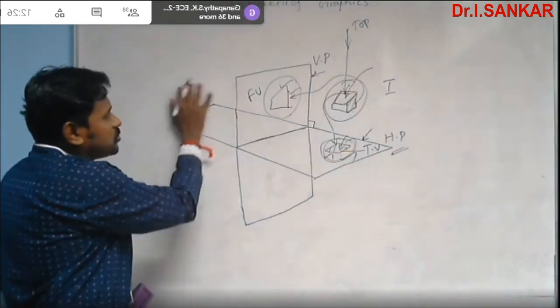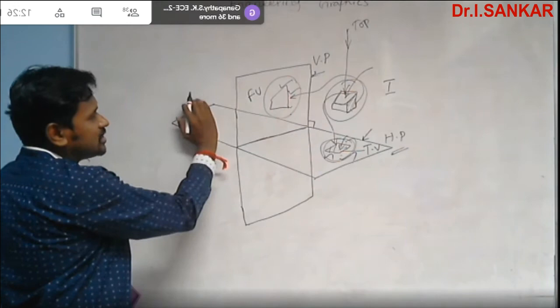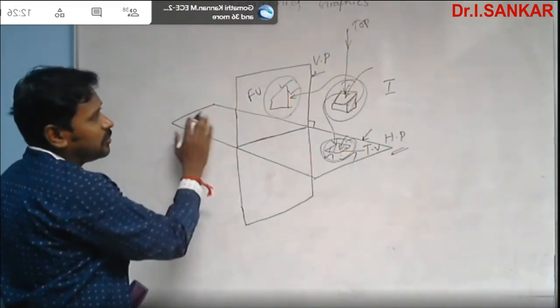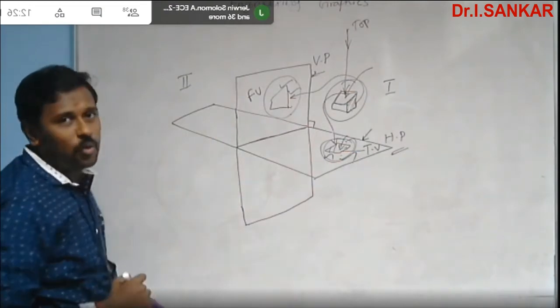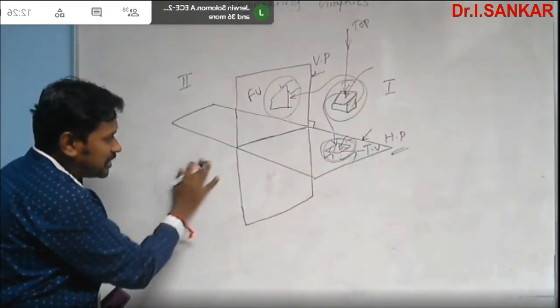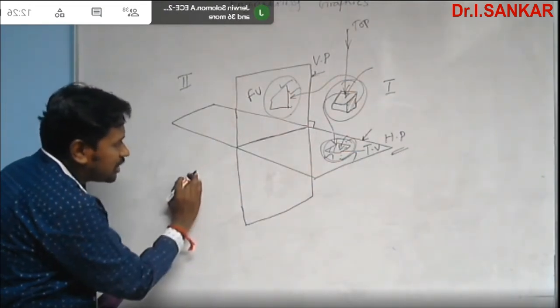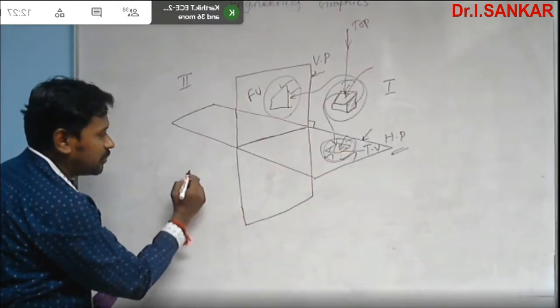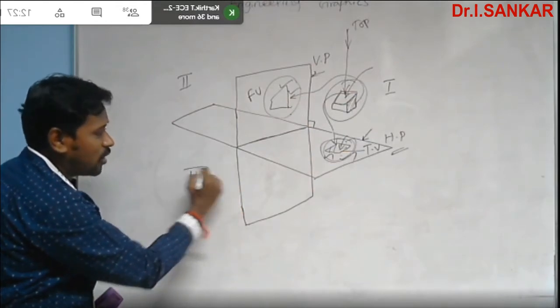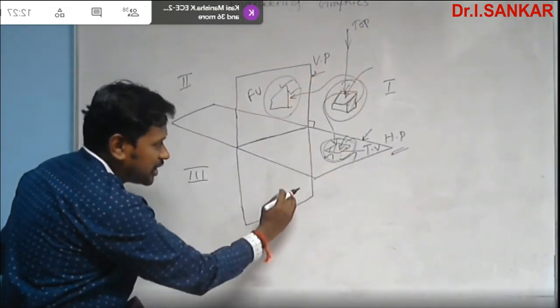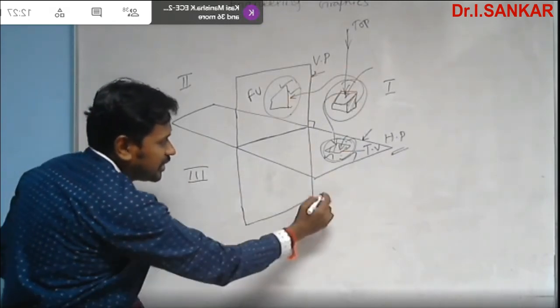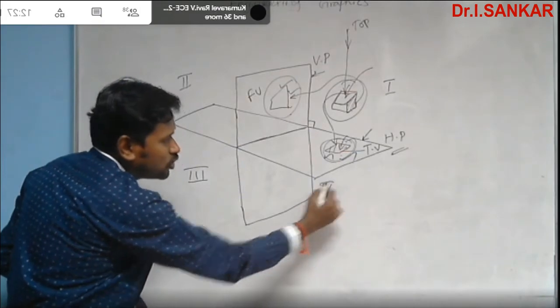That space, above the horizontal plane and behind the vertical plane, is termed quadrant 2 or the second quadrant. This space, below the horizontal plane and behind the vertical plane, is termed the third quadrant, and that space just below the horizontal plane and in front of the vertical plane is termed the fourth quadrant.